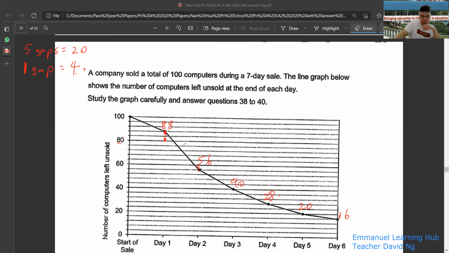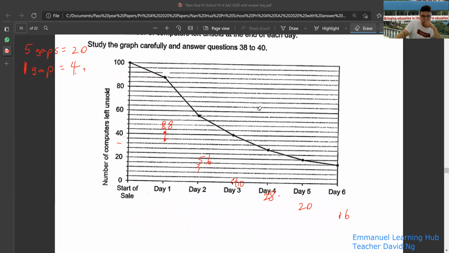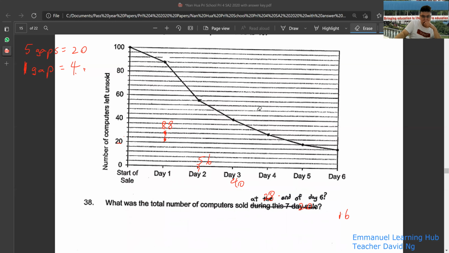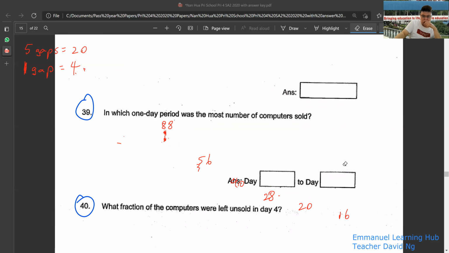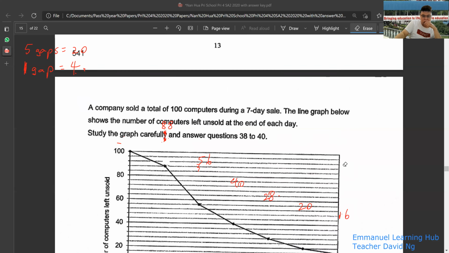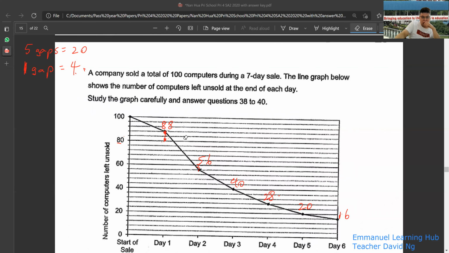Okay, now you have the number of computers left at the end of each day, right? Yeah. Okay, what 1 day period was the most computers sold? Most computers sold is which day?